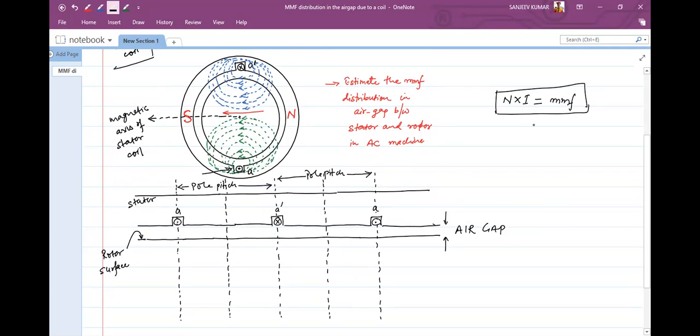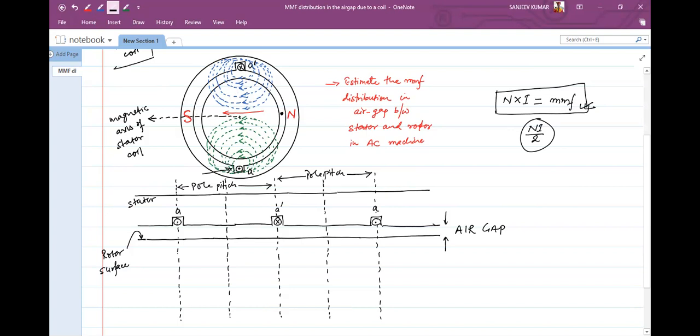This MMF is required to establish the magnetic flux in this air gap. At any point of analysis, if we are analyzing this very point, the MMF involved is half, Ni by 2, because there must be some MMF associated with this part as well.